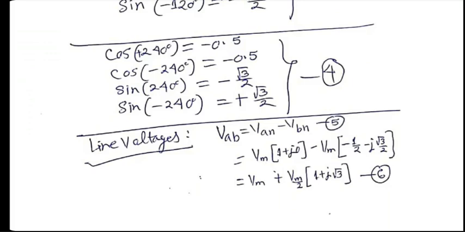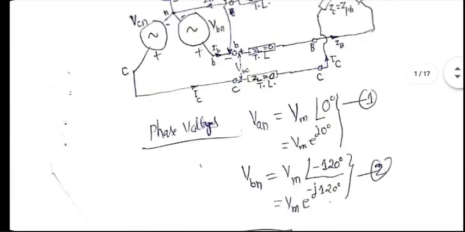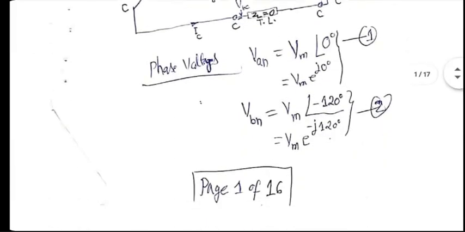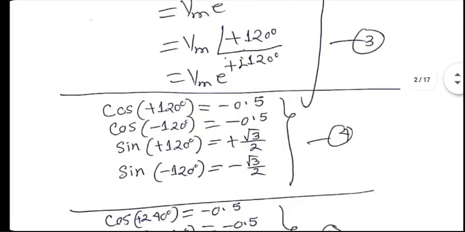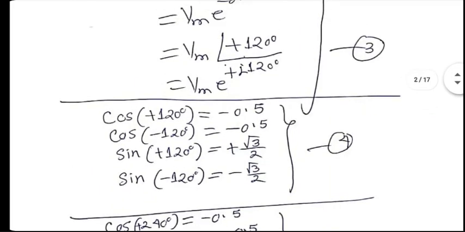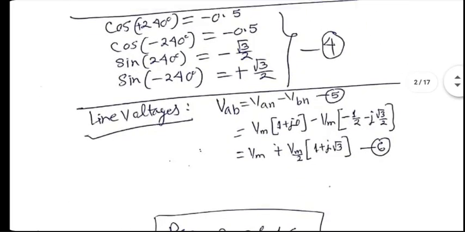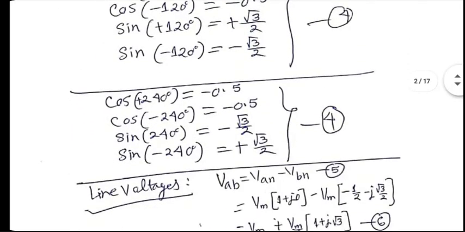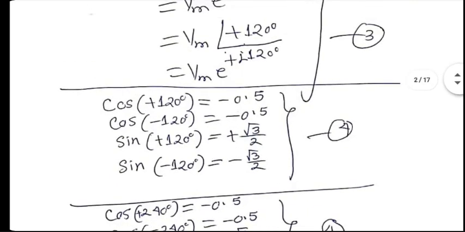VBN is VM e to the power minus j120 degrees. So cos of 120 degrees minus j sine of 120 degrees. Cos of 120 degrees is minus 0.5. Sine of 120 degrees is, oh, square root of 3 by 2.